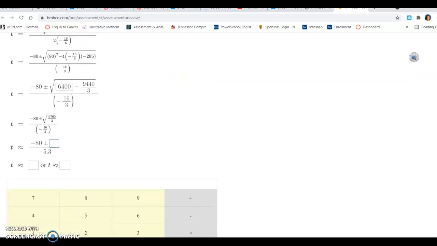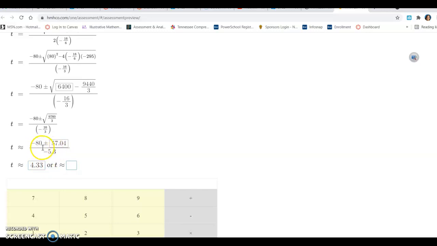So if we do 9760 divided by 3 under the square root, we get 57.04, to 2 decimal places. And then to solve for t, we have to do negative 80 plus 57.04 divided by negative 5.3, which would be 4.33 if we rounded to 2 decimal places.